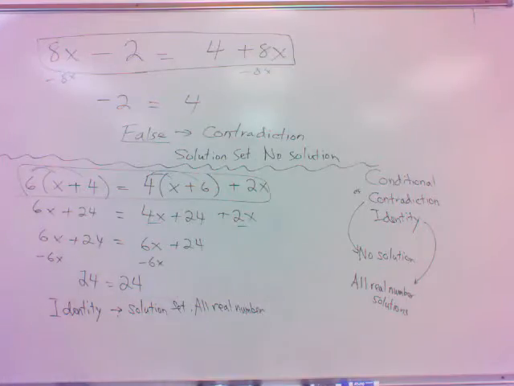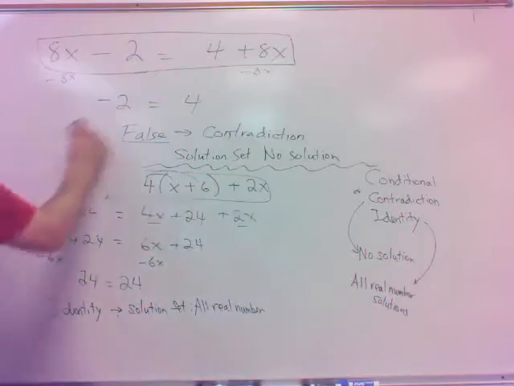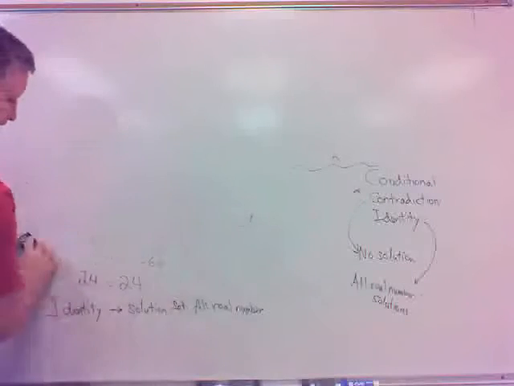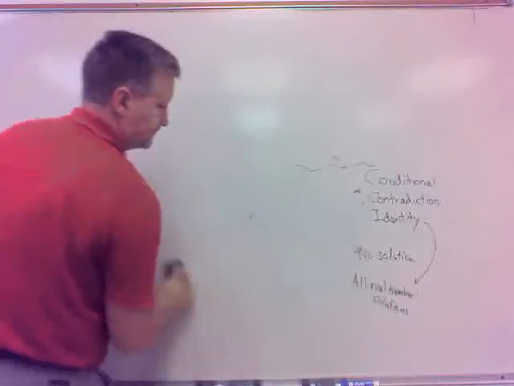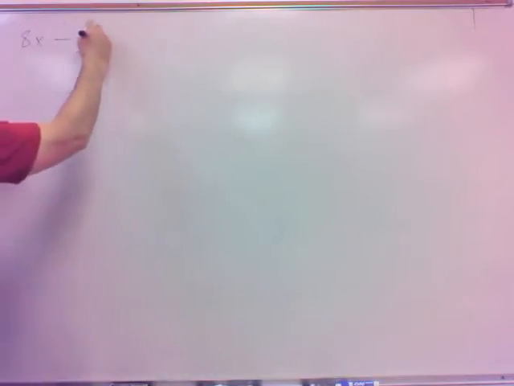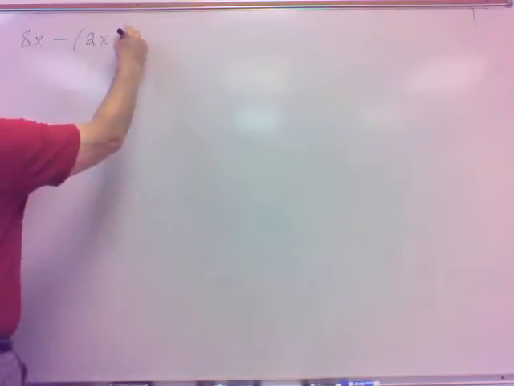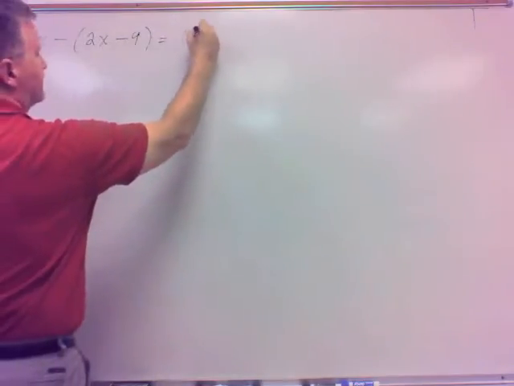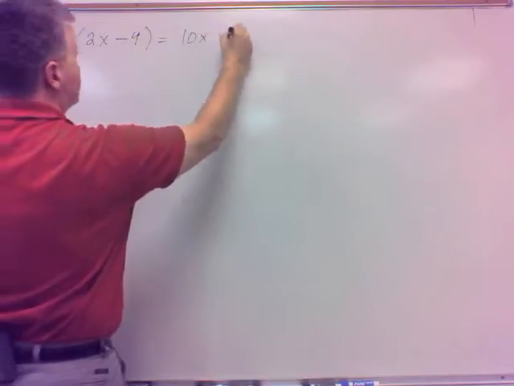One other thing I was thinking about as I was working that one was this one that came up several times: 8x minus (2x minus 9) equals 10x plus 5.